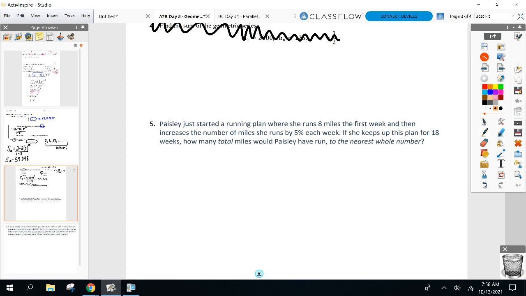She keeps up the plan for 18 weeks, and I did this in italics, but I probably won't on the test. Total miles, so sum. I am not looking for how many miles she ran on the 18th week. All right, sum. So everyone knows what formula I need now. Let me just rewrite it. You guys don't have to.